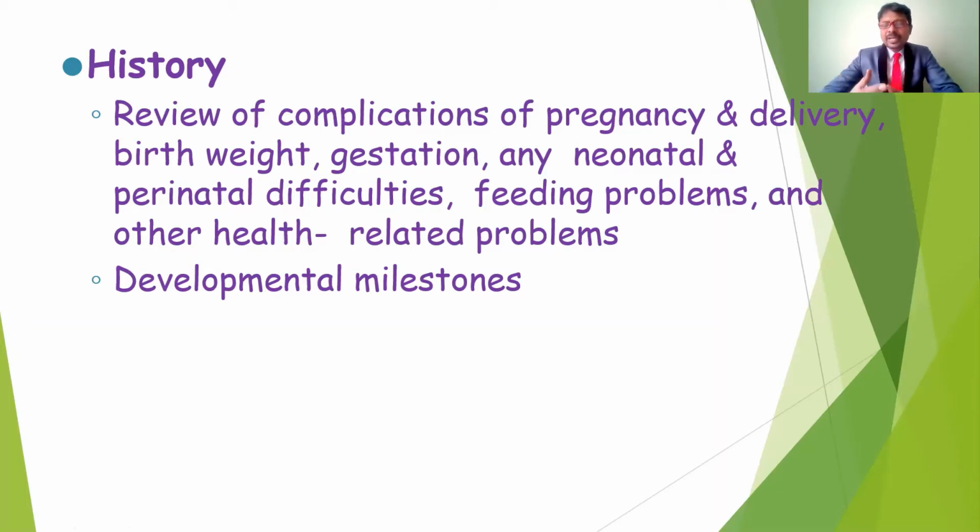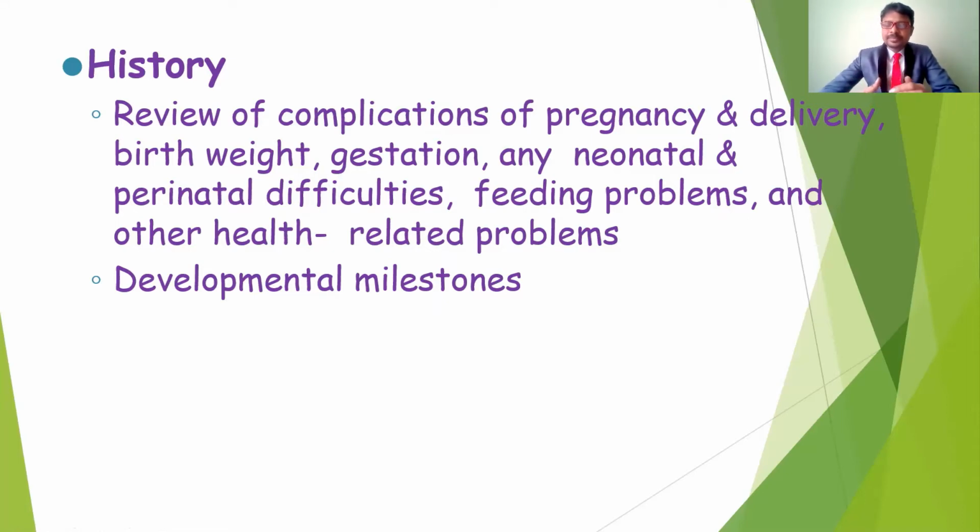If we know this, we can predict the causative factors and what could be the type of this cerebral palsy. So we can easily predict according to some historical information. And also how was the gestation, any neonatal or perinatal difficulties, any feeding problems, and how was the baby's birth, the birth cry, the Apgar score.